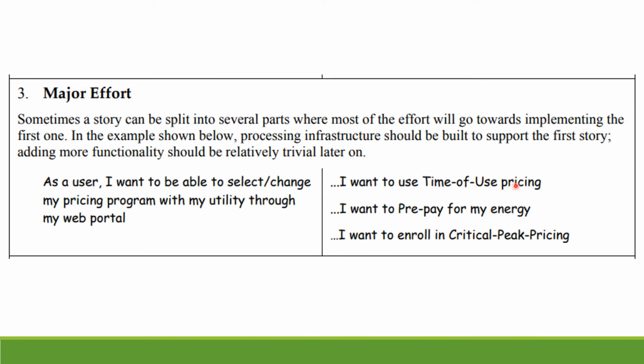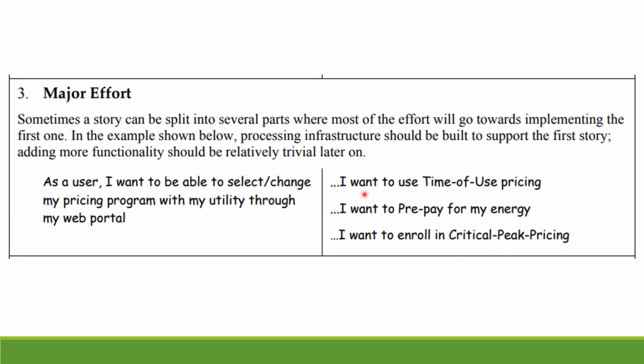The third way of splitting is based on major and minor efforts. As a user, I want to be able to select and change my pricing program with my utility through my web portal. For example, I'm going for internet services, so I can select and change my pricing program. That's what I want to do.